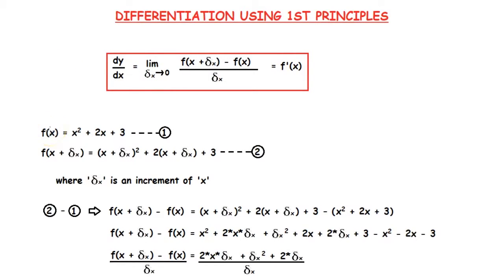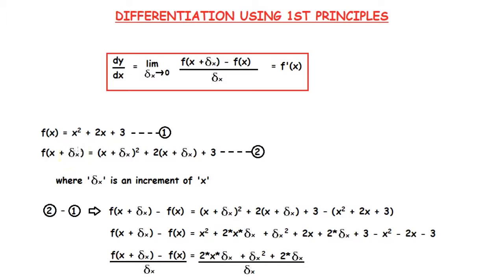Let's take this function f of x equals x squared plus 2x plus 3. What we mean by using the first principle is that we are going to use this formula. So the next step will be to consider f of x plus delta x.